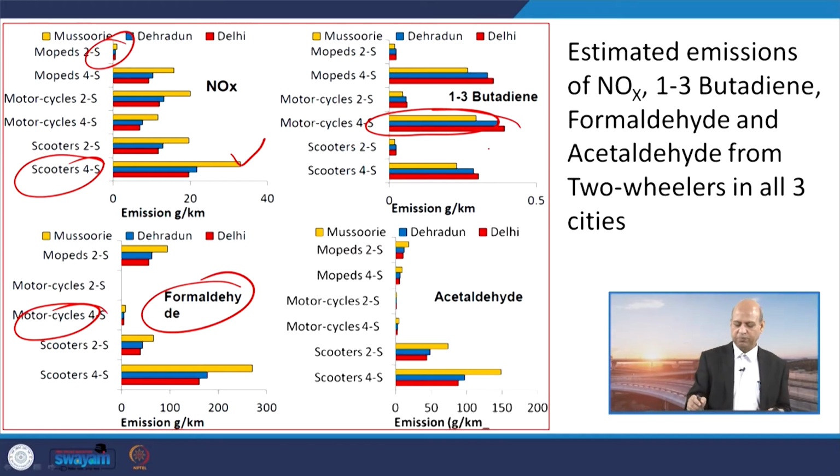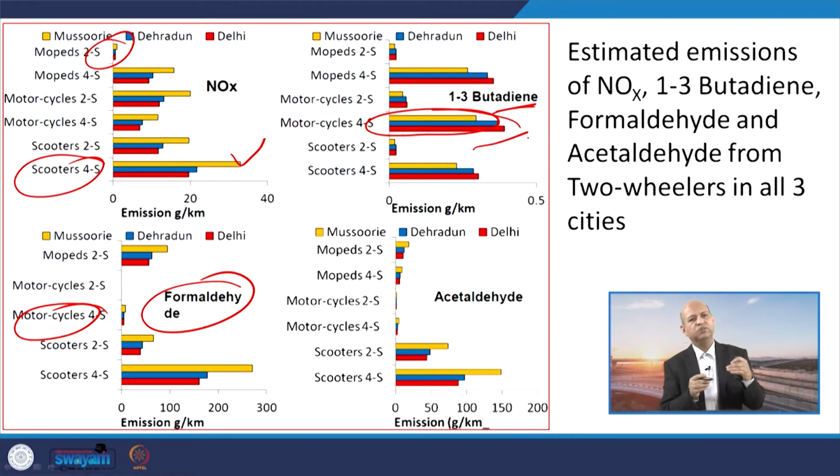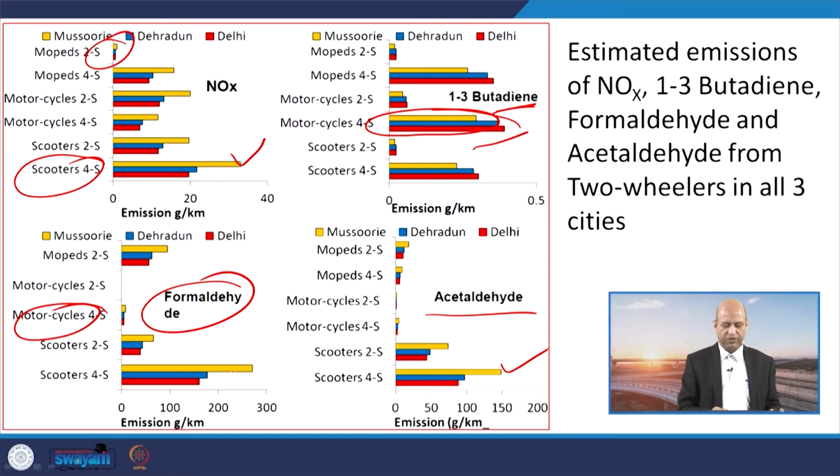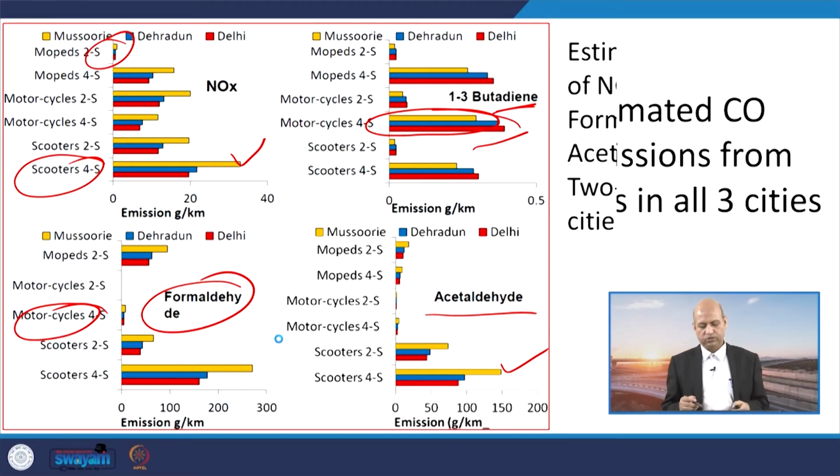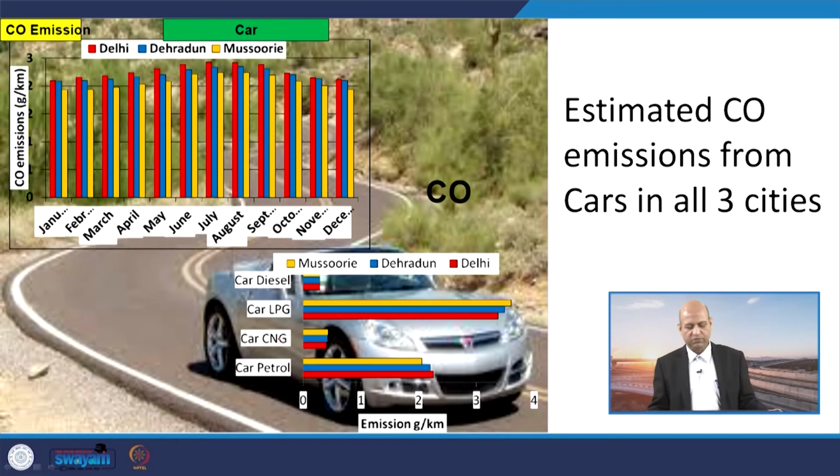For example, NOx emissions were more in Mussoorie, but butadiene is less in Mussoorie and more in Delhi, and Dehradun is in between. So, when we come down, butadiene emissions increase, but acetaldehyde and formaldehyde emissions increase as you go up. So, those kinds of variations you can see. Similarly, estimated CO emissions, if you compare different months for cars.